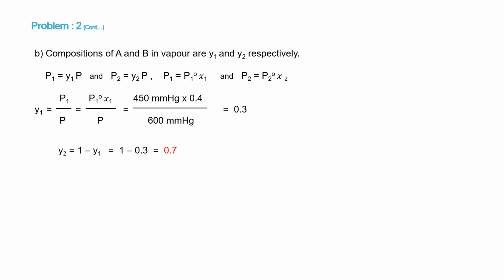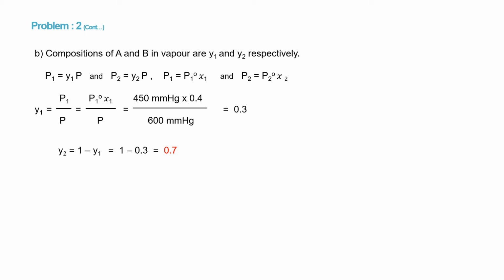So one thing to remember, in this case, you have to find out the composition of A and B. For that, first of all, you find out the X2 term. X1 and X2 mean the mole fraction of the composition in a solution. And that you also know by this formula, P1 is equal to X1 into P01.